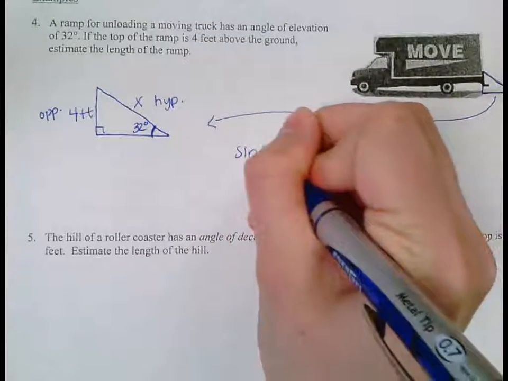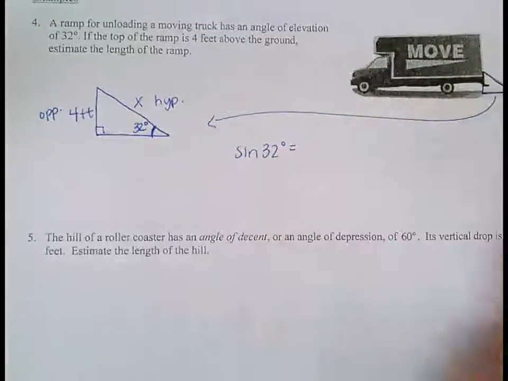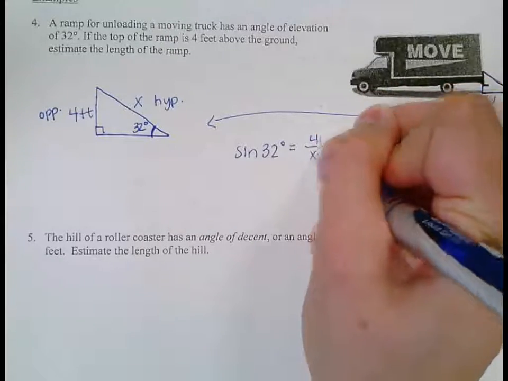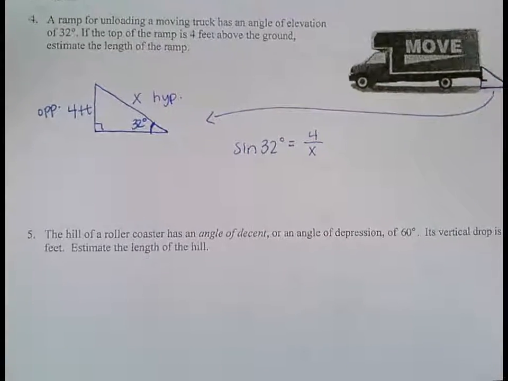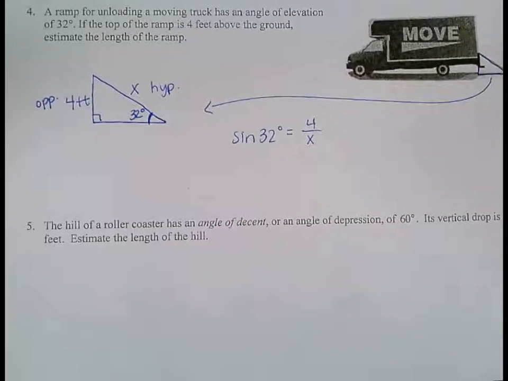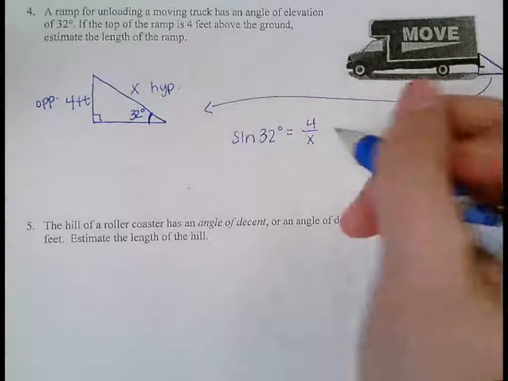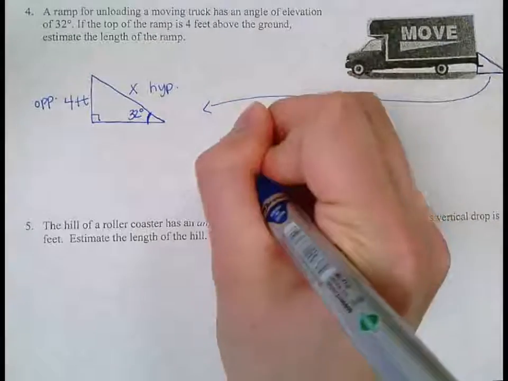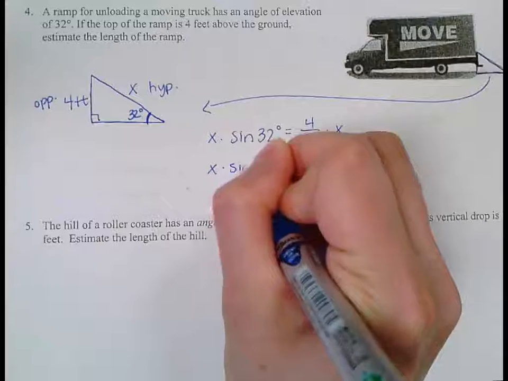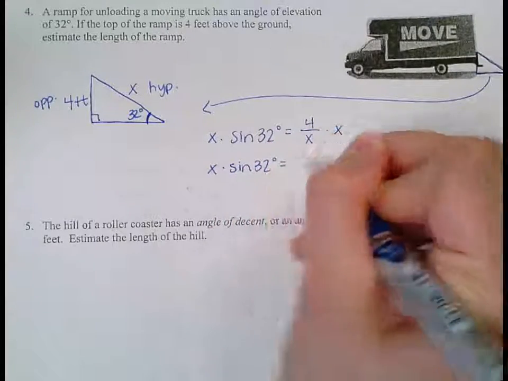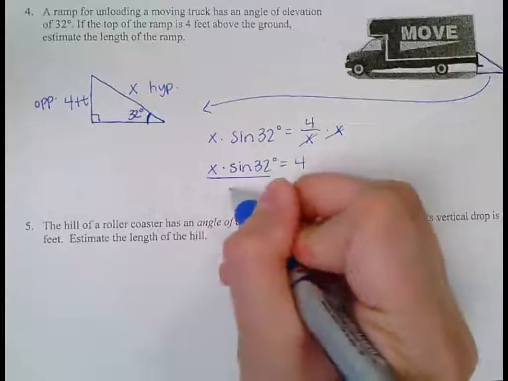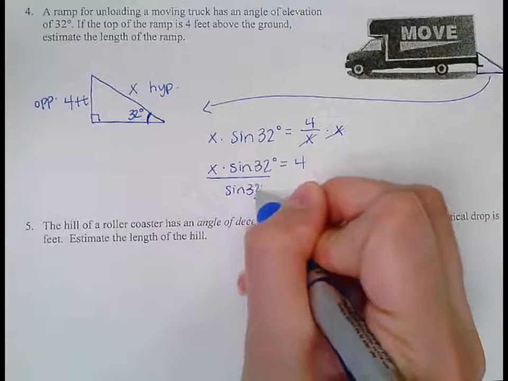Sine of 32 degrees is equal to the opposite over the hypotenuse, so 4 over x. Then we solve for x, as in a similar equation in example 1. We multiply by x first, so x times sine of 32 degrees is equal to 4, and then divide by sine of 32 degrees.